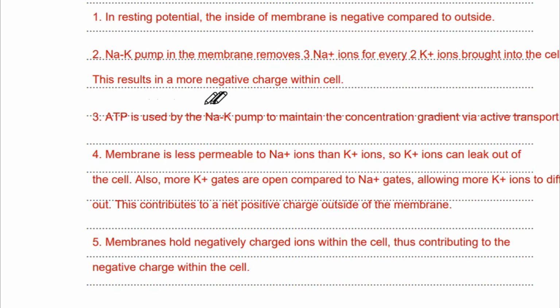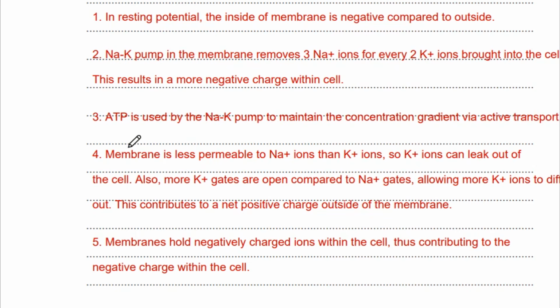ATP is used by the sodium-potassium pump to maintain the concentration gradient via active transport. So this actually expends energy, and what it does is that it continuously tries to maintain a concentration gradient, because you could think of it as if it's equal on both sides, you wouldn't get any movement happening, right?